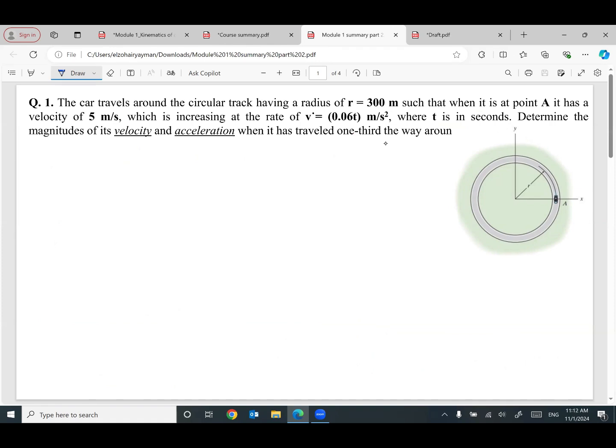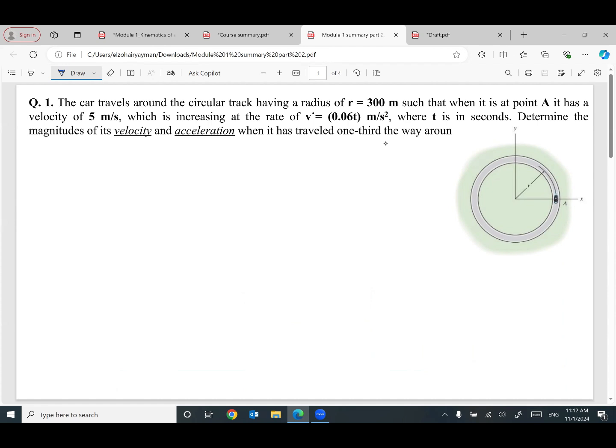Let's do one example on this part. We are talking about a curvilinear motion. This car at point A is moving in a circle. This circle is not a straight line; this is called curvilinear motion. If you look at the problem, we are looking to determine the velocity and acceleration after the car has traveled 1/3 of the way.